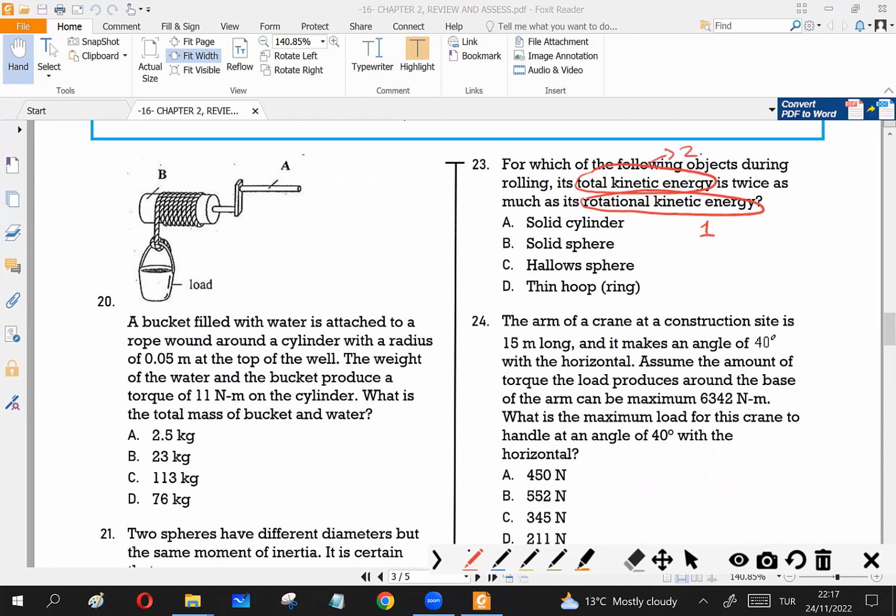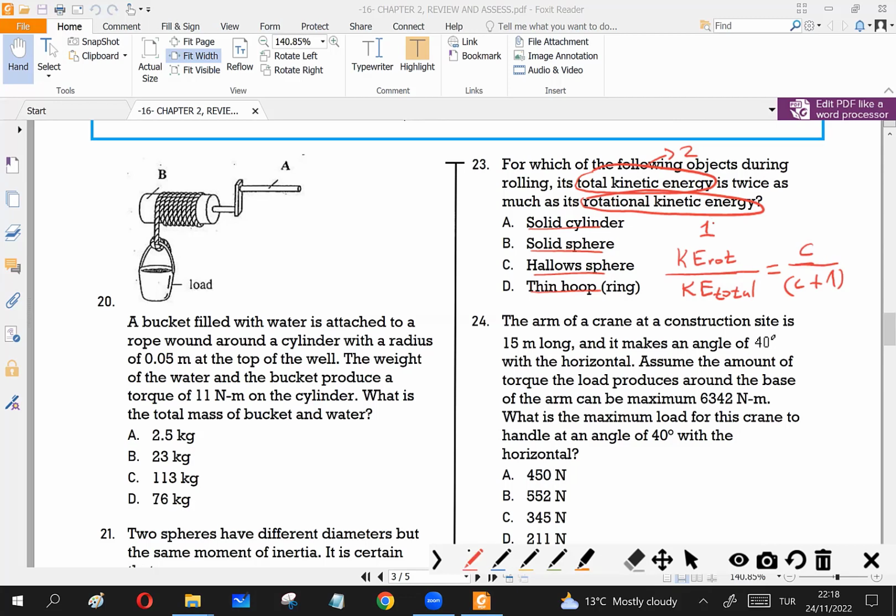To get which shape it is, I'm going to use this equation. Remember, if we divide rotational kinetic energy by total kinetic energy, we get an equation in C, because C tells us what the shape is. It is C divided by C plus 1 for a rolling object. If we find how much C is, then we can predict which shape it is.